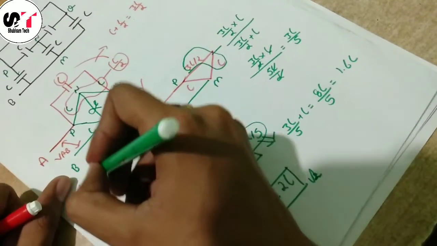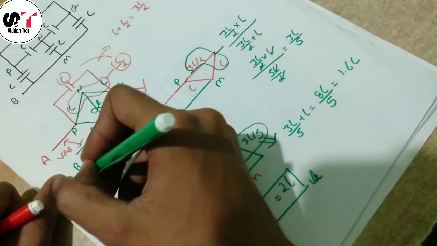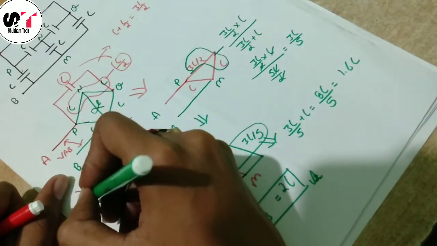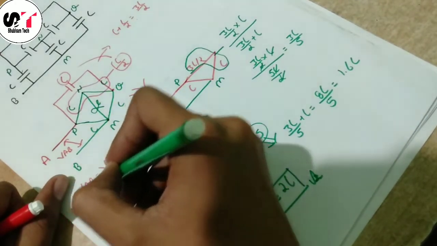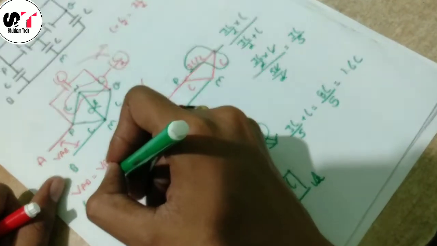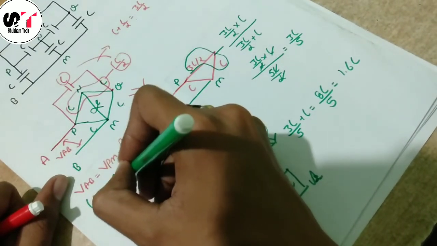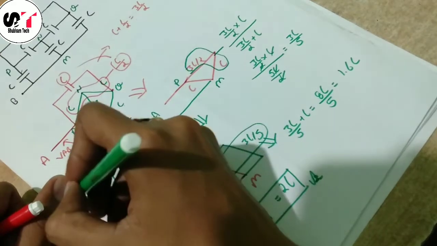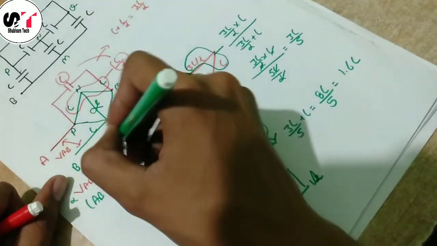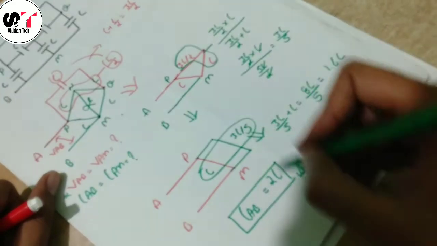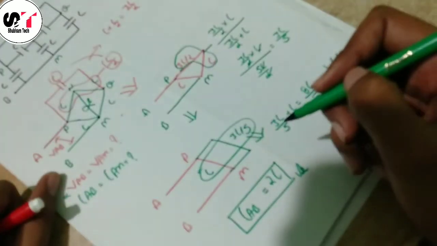Sorry, here we have to find not the potential difference but the equivalent capacitance across A and B, C_PM. Sorry for that. This is the actual result of this question.